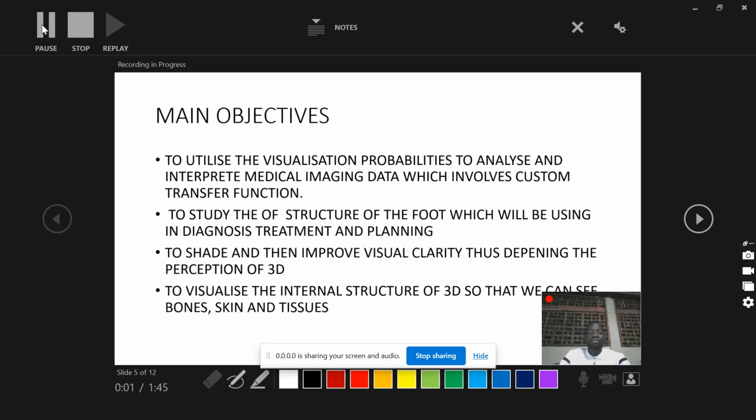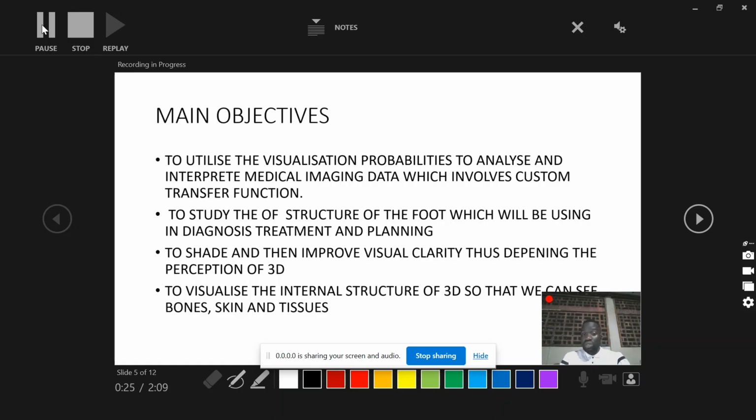So the main objective is to utilize the visualization capabilities to analyze and interpret medical data, which involves custom transfer functions.